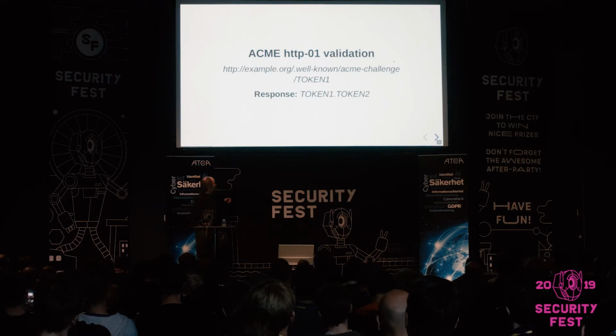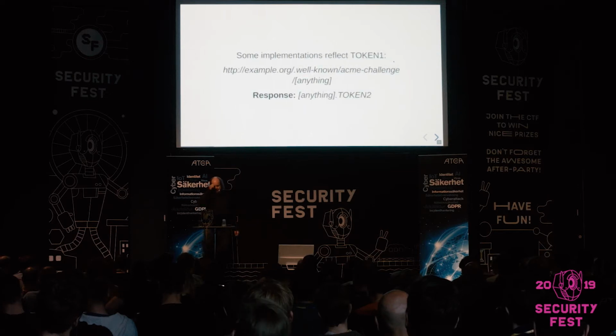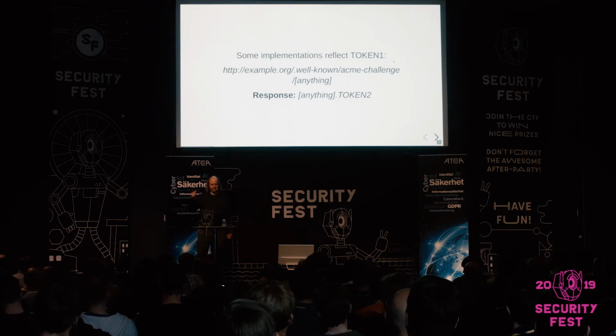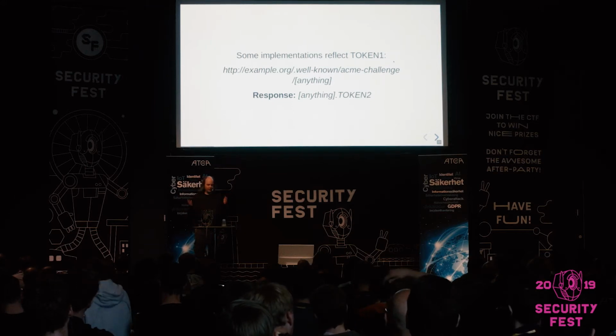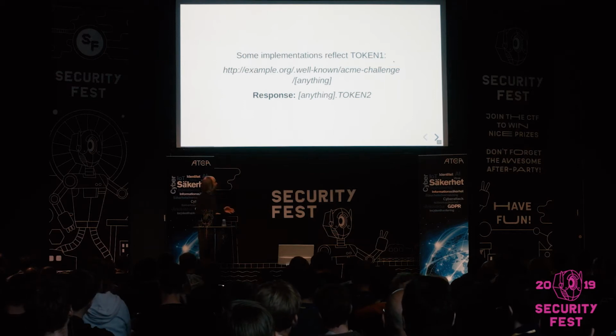But what you can see here is that we have something in the request that ends up in the response. There are some implementations that implement this as simply reflecting that. From the protocol side, there's a reason why this is in some situations simpler: you can implement this in a stateless way. So there are some server implementations where, if you send a request to this URL, you get back what's in that part of the URL.